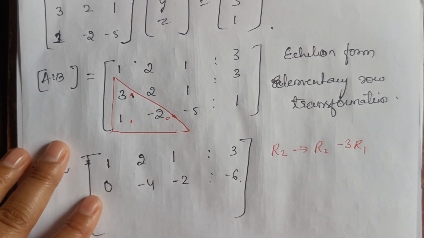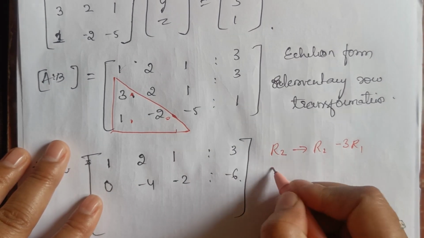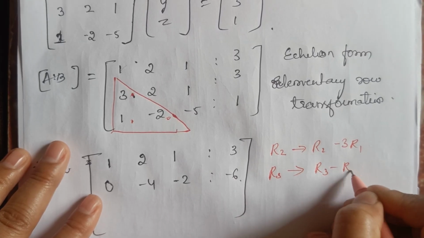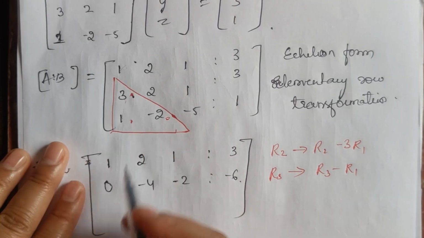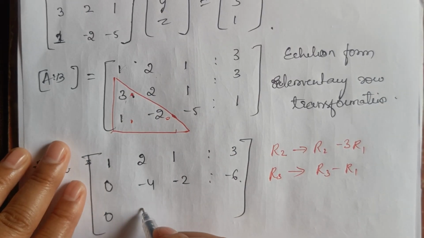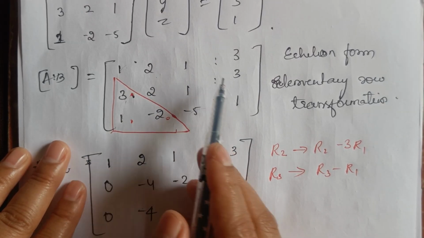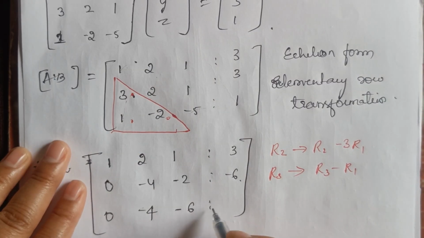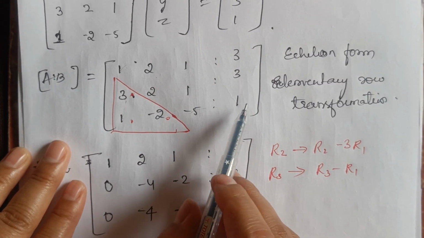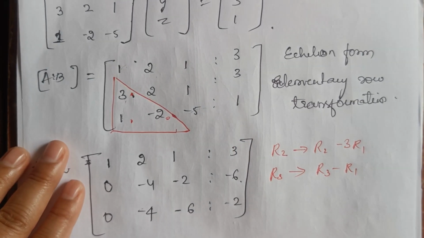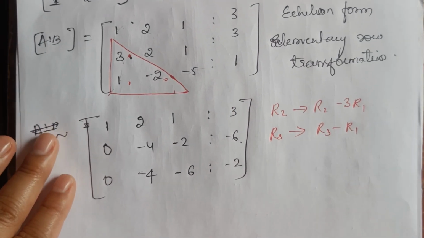Performing a row transformation on row 3 as well: row 3 minus row 1, so that I get 1 minus 1, 0 here. Minus 2 minus 2 is minus 4, minus 5 minus 1 is minus 6, and 1 minus 3 is minus 2. I hope this is very clear now.